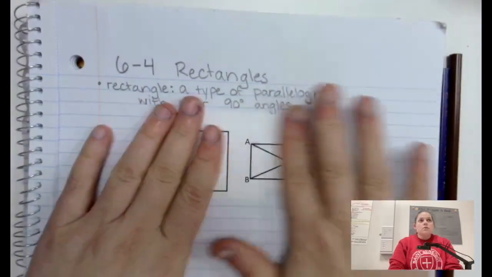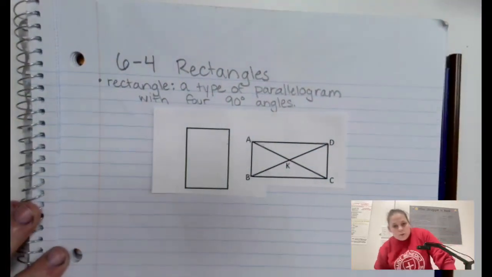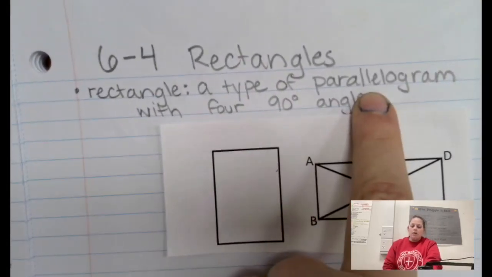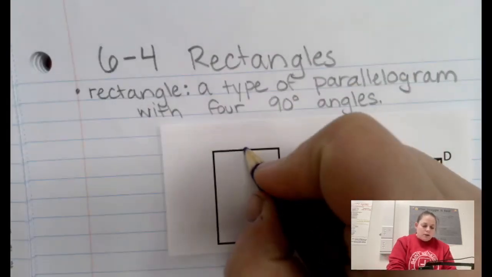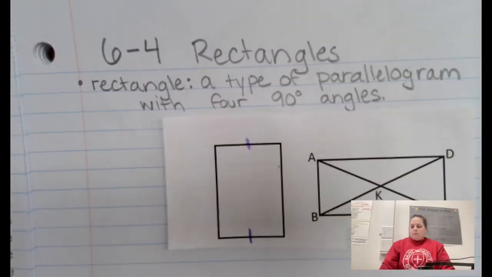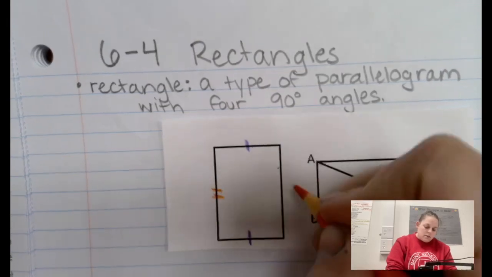All right, and as I look at this, there's a couple things that I know. Okay, in this first one we have this rectangle. Since it's a parallelogram, we know in all parallelograms, opposite sides are congruent. So this side is congruent to this side, and this side is congruent to this side.